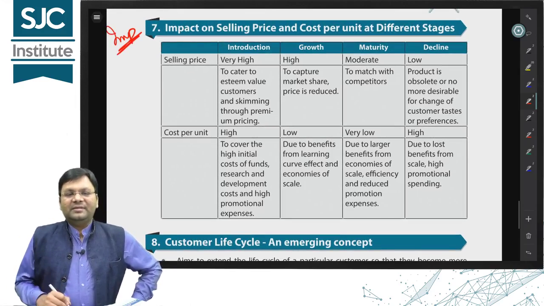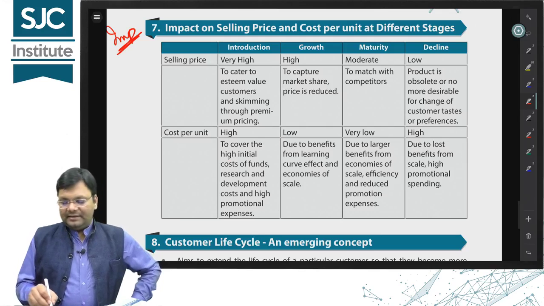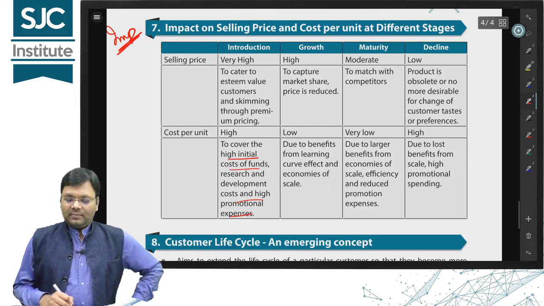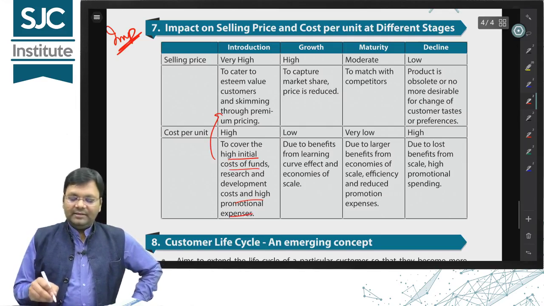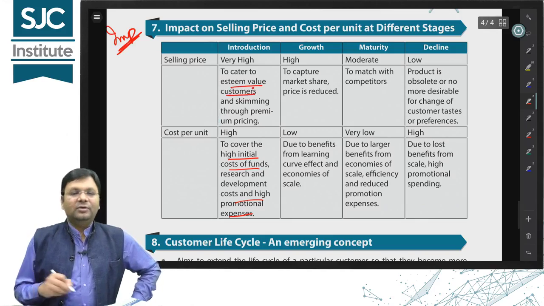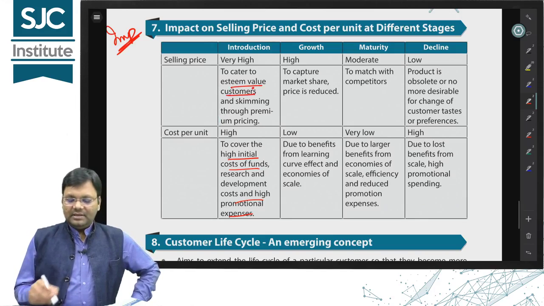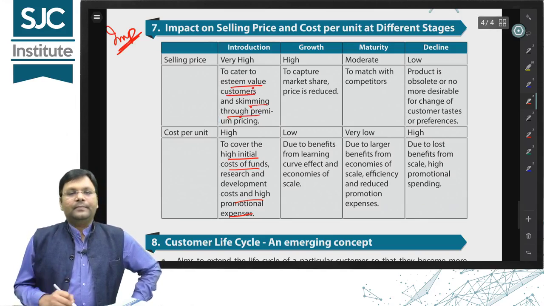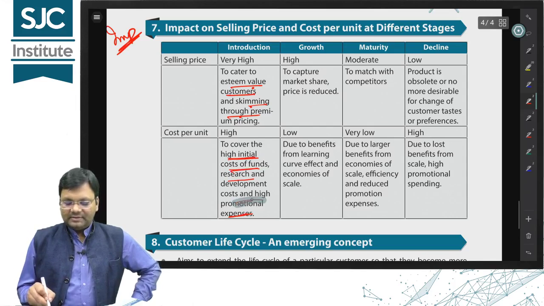Why is cost per unit very high in the initial stage? Because there is high research cost, high initial cost, high promotional cost. So you can write about high initial cost here also. That's not a worry. But selling price was initially high because we were selling to rich class, esteem value customers and we were doing skimming. Cost per unit is high because of high initial cost of fund, R&D cost and high promotional expense.